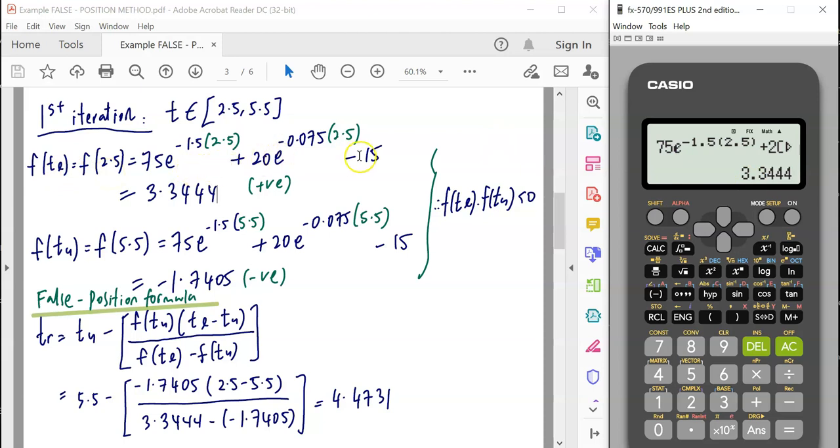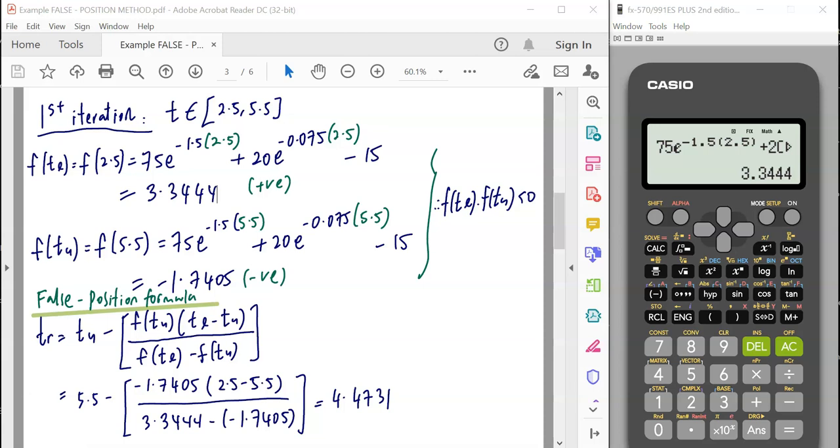You insert into this equation, so you obtain 3.3444, which is in 4 decimal places because we already set our calculator into 4 decimal places. So this is how to get the value. The next one, in order to calculate f(TU), you can repeat the same procedure. Later on, I will share with you how to calculate our TR by using the false position formula.